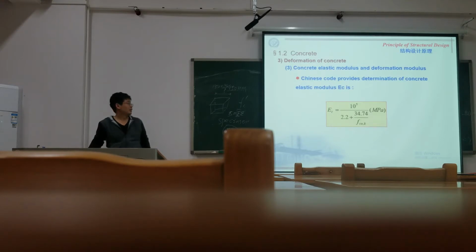So this means that for different grades of concrete, the modulus is different. The grade can be 30, 40, 50, 60, something like this. So if the grade is high, then is EC high or lower?